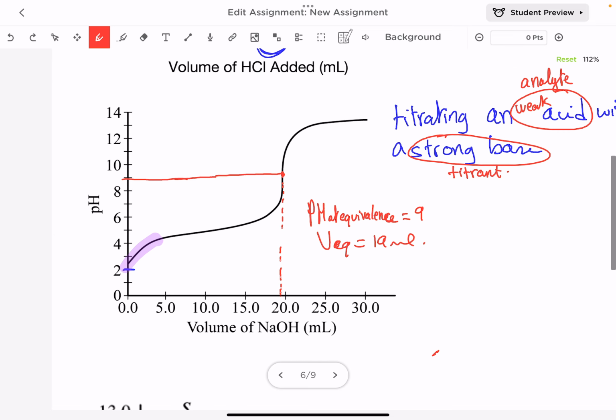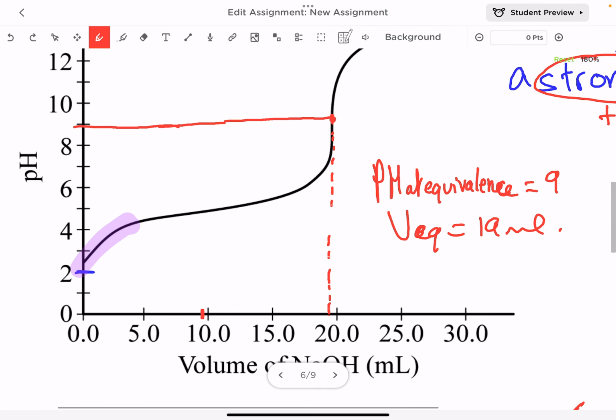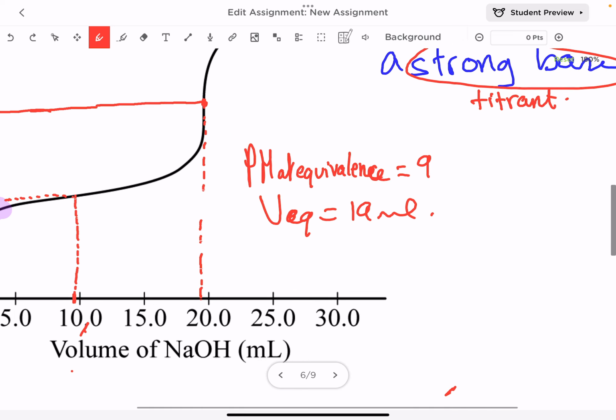Now, in order to determine the pKa of this weak acid, we take half of this 19 milliliters, half of the equivalence volume, which is almost 9.5. So it's going to be slightly here. And looking at it, at this point pH equals pKa. So we are looking at 4.5 probably.